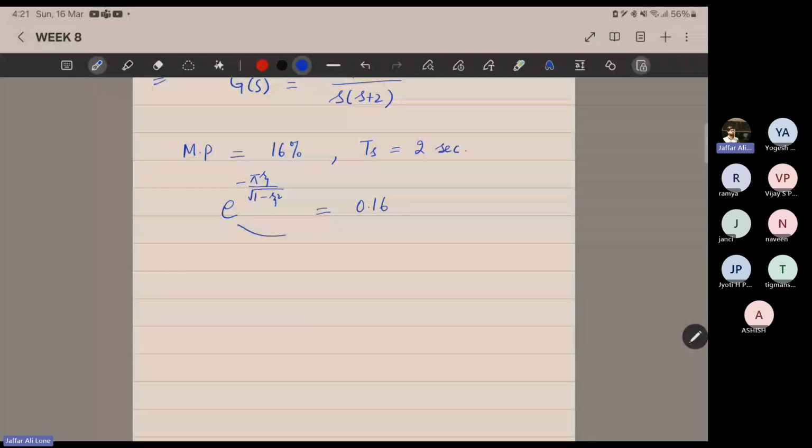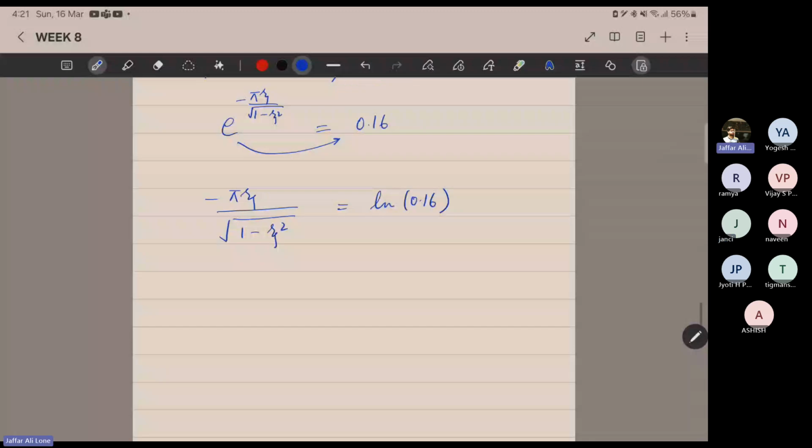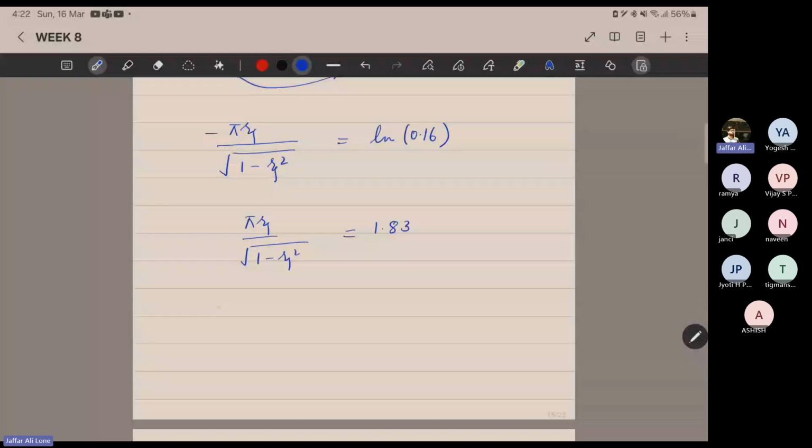So I will take the natural log: minus pi zeta under root of 1 minus zeta square is equal to natural log of 0.16, which will be equal to, minus and minus will go, 1.83. You can directly apply the formula of zeta, but sometimes we do not remember the formula, that's why let's go step by step.